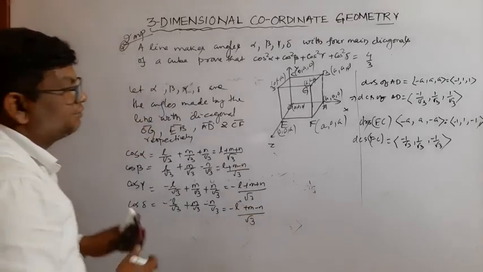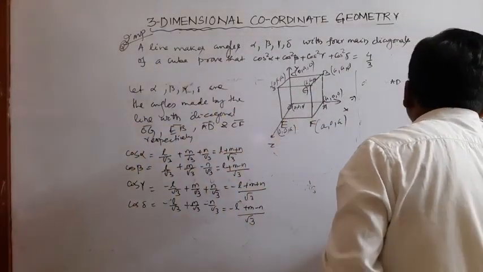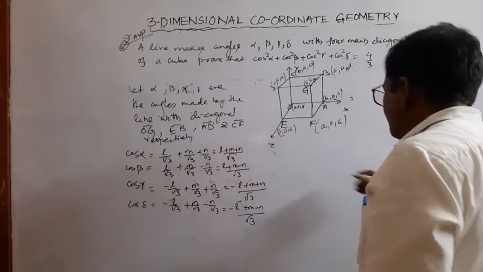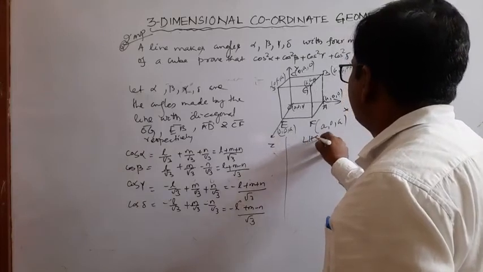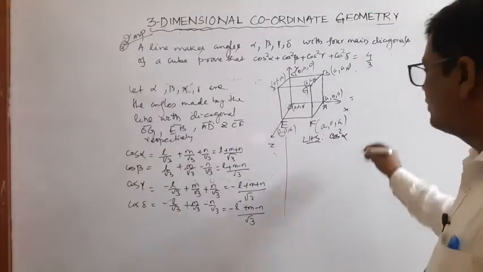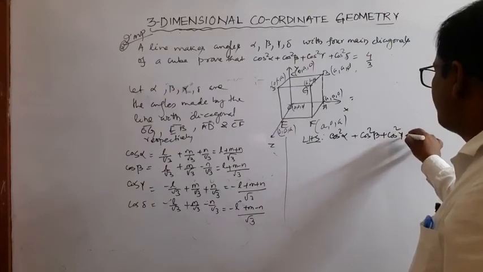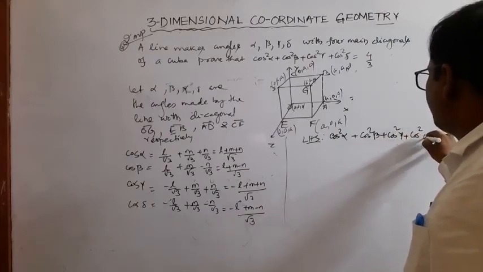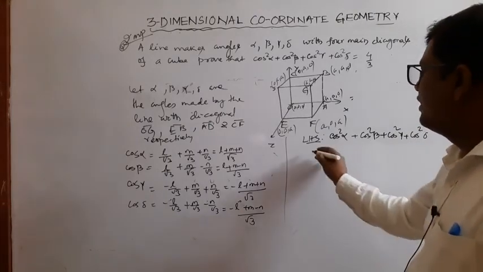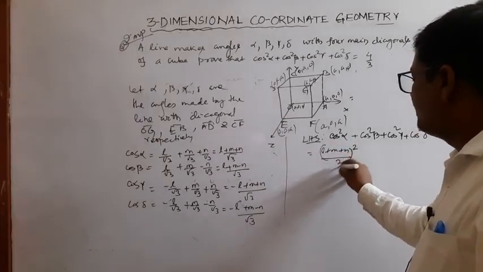Now the left hand side: cos square alpha plus cos square beta plus cos square gamma plus cos square delta. Cos square alpha is L plus M plus N whole square by 3.